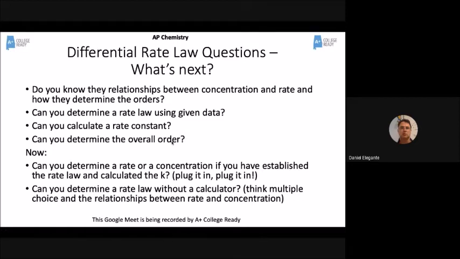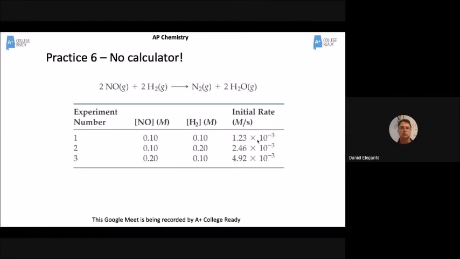All right. Now, as far as calculator or no, I got to imagine they're going to let you use a calculator on the free response portion on this year's exam, but we won't know till April 3rd. So right now, just go ahead and assume that, yes, you get to use one. Right. So y'all take a stab. See if you can write a rate law. If you want to use a calculator, that's fine. Go ahead and take 1 or 2 minutes and see if you can write a rate law for this one.